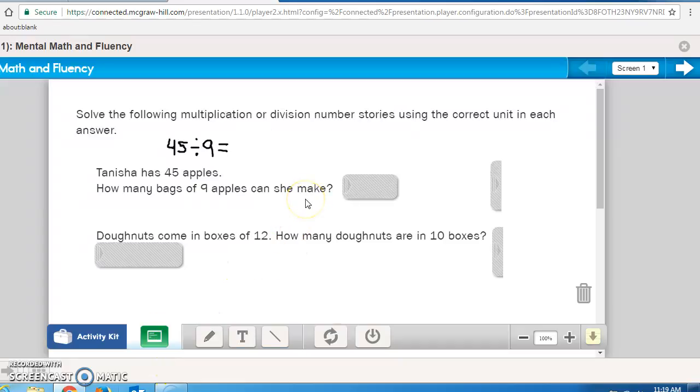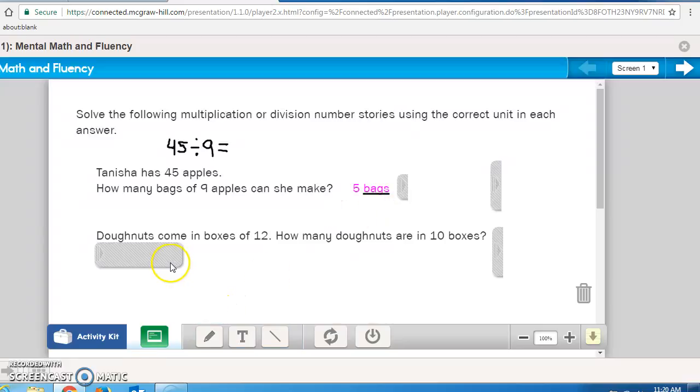But 5 what? Because it's actually asking you to do the correct units. She's going to be making 5 bags. This is your units, what they're talking about, the bags.